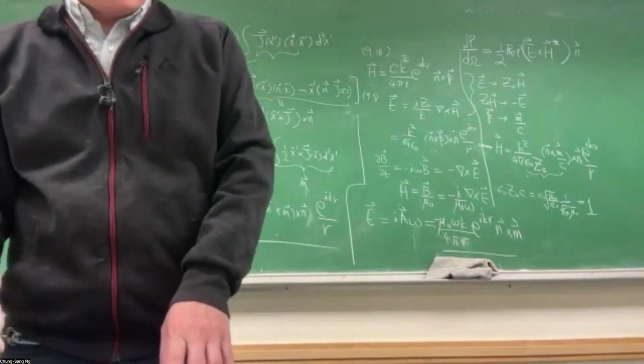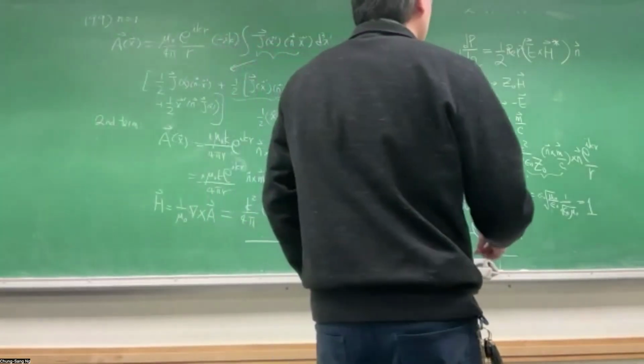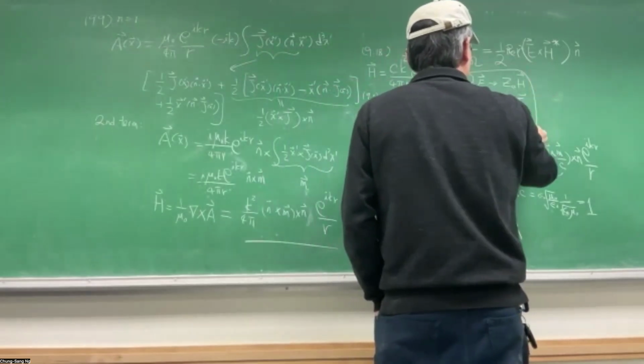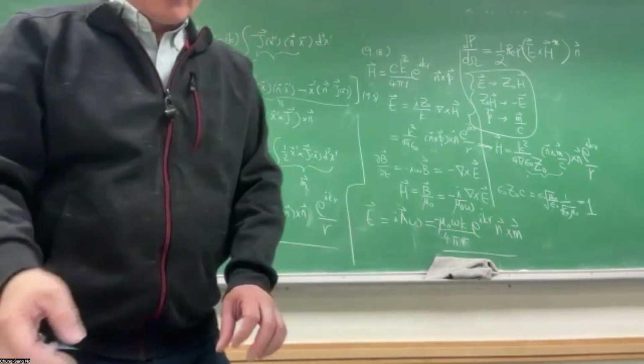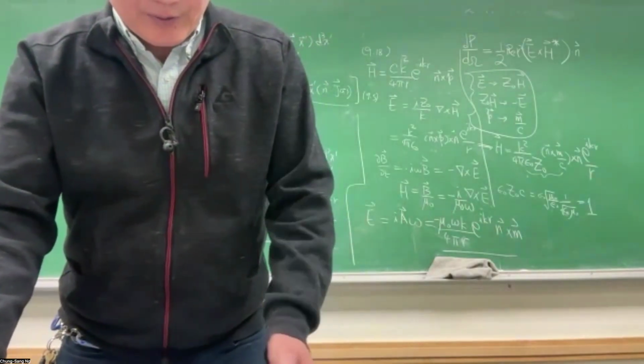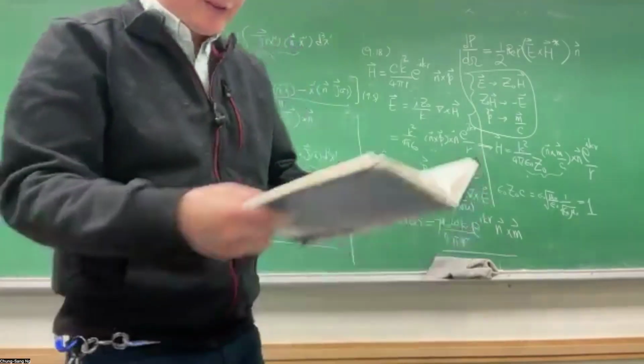And the idea is that once you realize you can do that transformation, you can use the electric dipole dP d omega and change that to a magnetic dipole term without doing all the work.